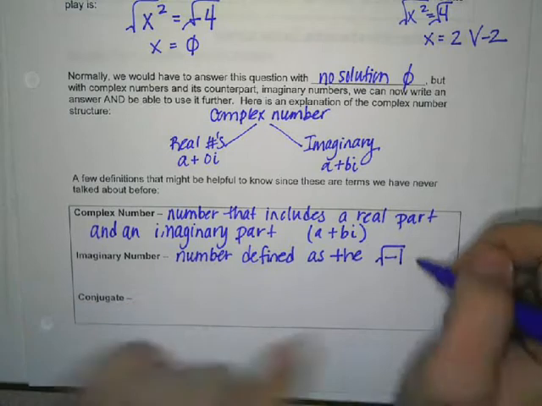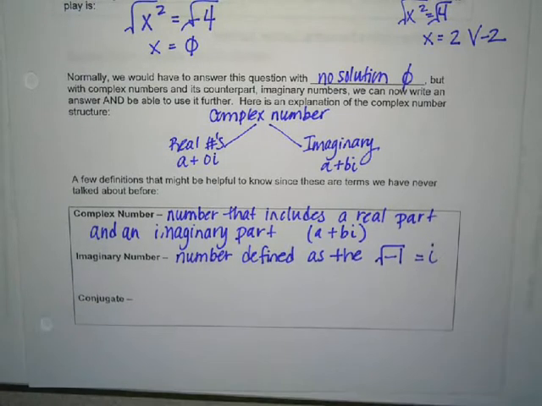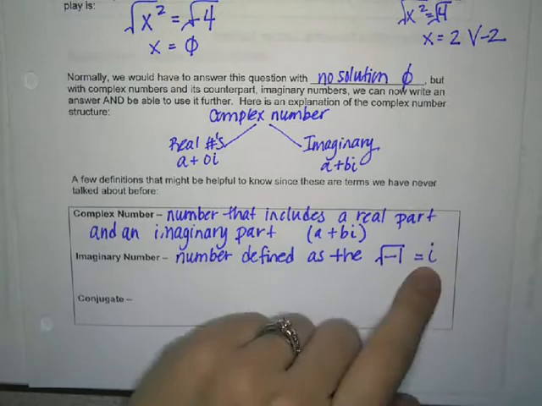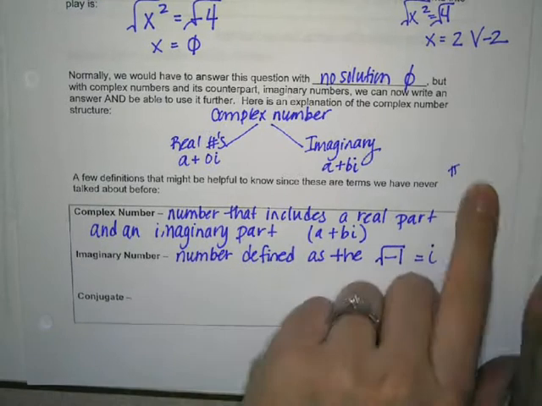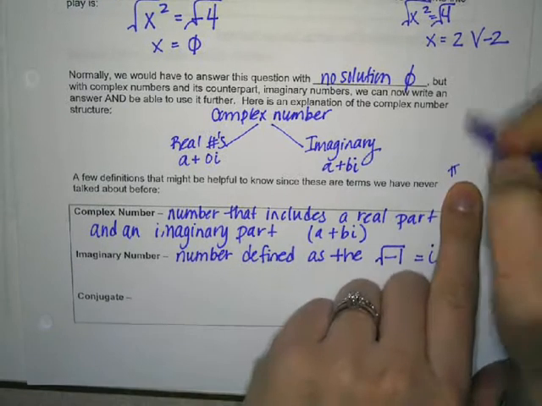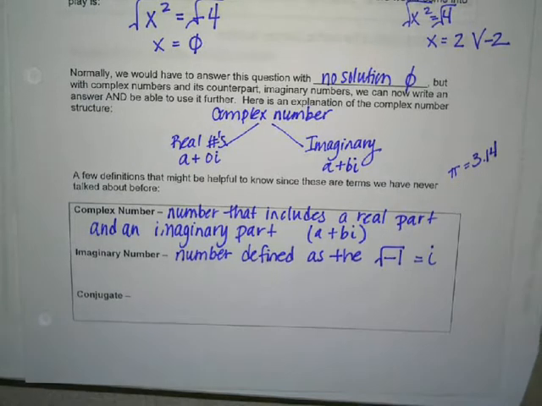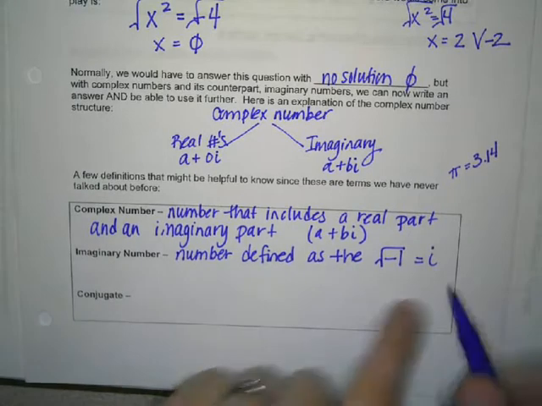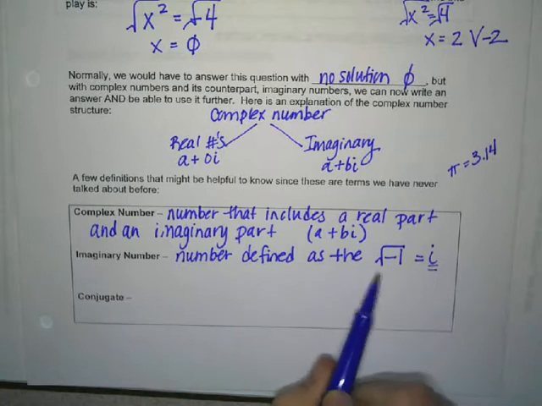But the square root of negative 1 is what the lowercase i is going to represent. Now, this we do all the time. Like when I say pi, this is a symbol that represents a math concept, but we know pi is equal to 3.14. So whenever you see pi, that's just the symbol that tells you what number to put in place of it. In this case, this is another symbol I'm giving you, and whenever you see i, it's equal to the square root of negative 1.